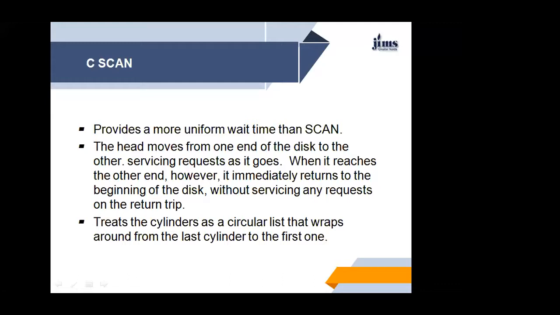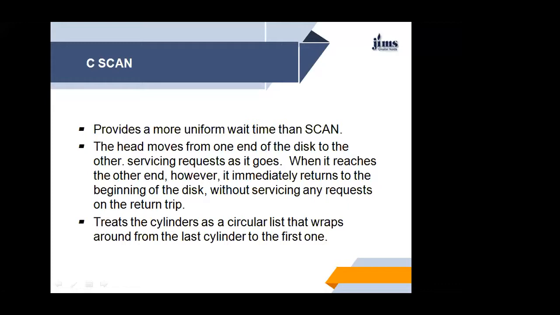When the head reaches the other end, however, it immediately returns to the beginning of the disk without servicing any requests on the return trip. So it will move in one direction and then reach the end. C-SCAN essentially treats the cylinders as a circular list that wraps around from the final cylinder to the first one.